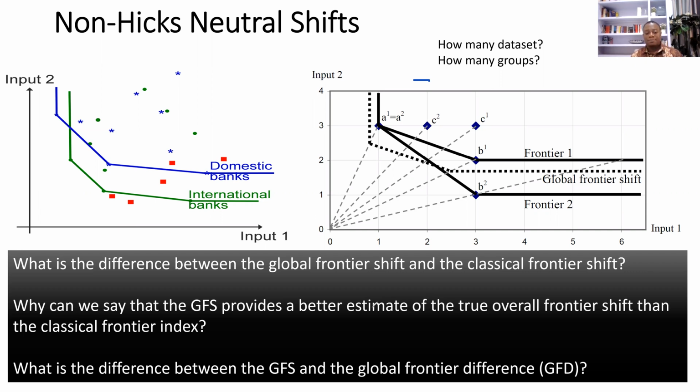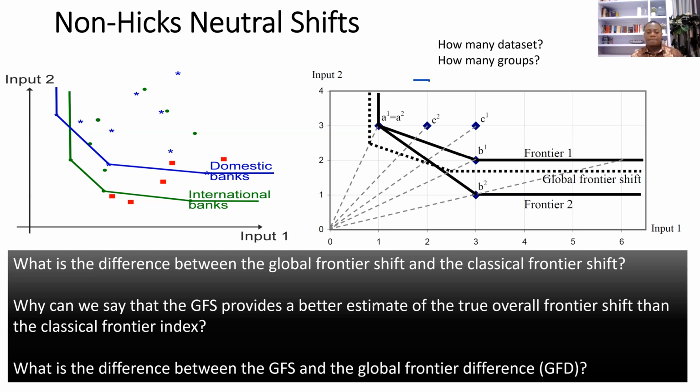So I can say that the GFS provides a better estimate of the true value because the GFS looks at the efficiency globally more than the frontier shift. What do you mean by more globally?